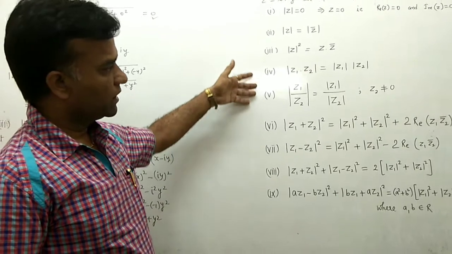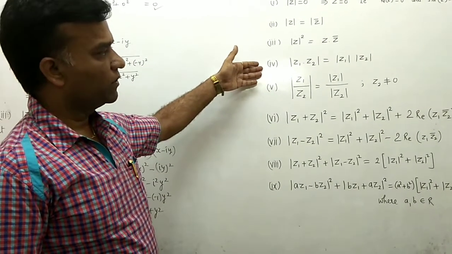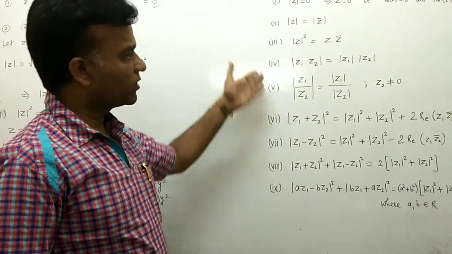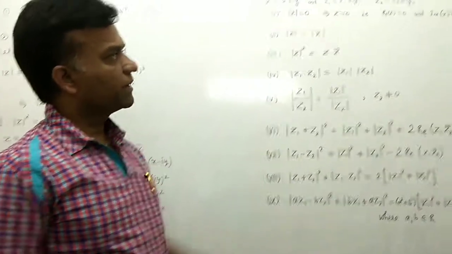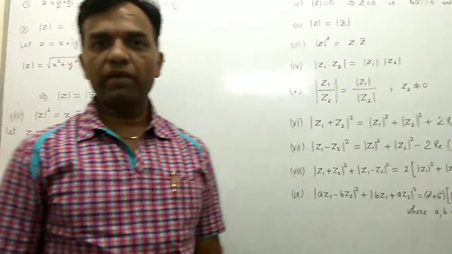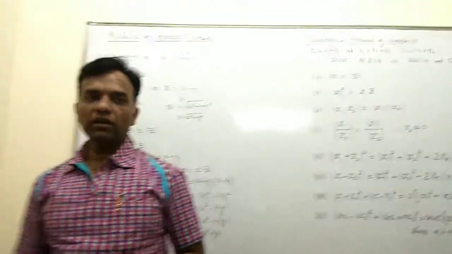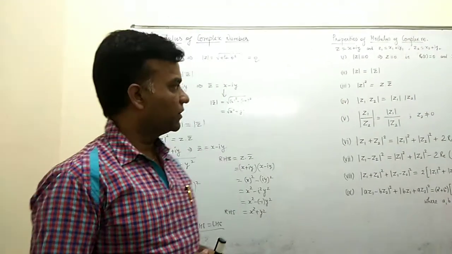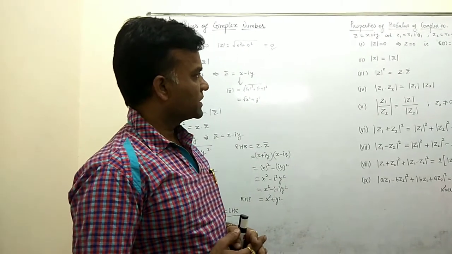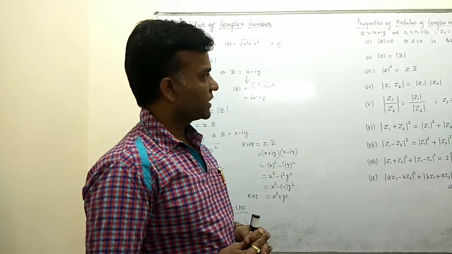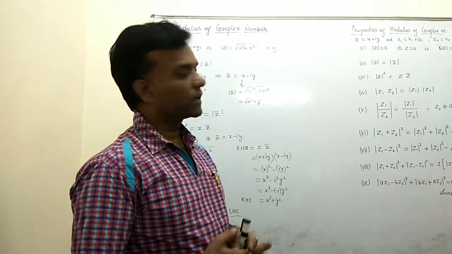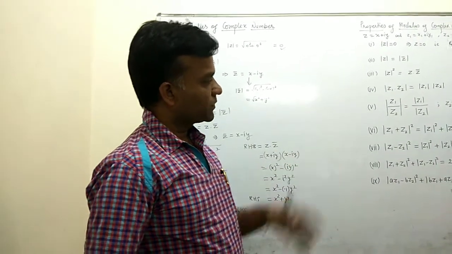So one property here we just prove for 4, and then all others you have to prove according to that, because z1 = x1 + iy1 and z2 = x2 + iy2. So these are all very easy properties, and now you follow the algorithm process and then start the questions, maybe with different numeric values given, and then you apply these properties.